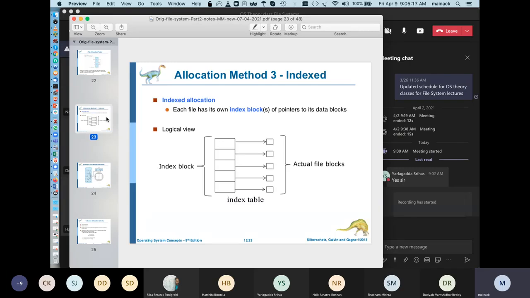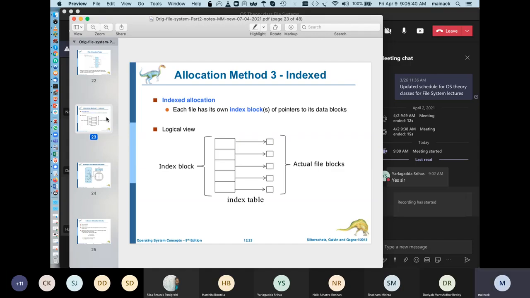This is solved in indexed allocation by bringing all the pointers together in the index block. Each file has its own index block, which is an array of disk block addresses. Again, remember that disk blocks are essentially physical blocks 0 to n.